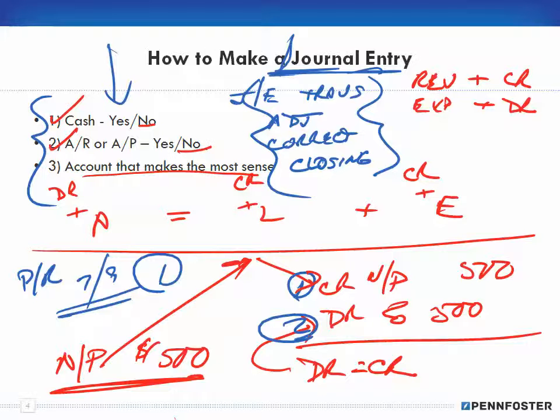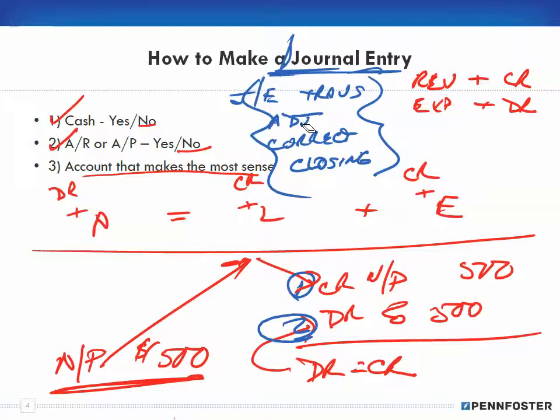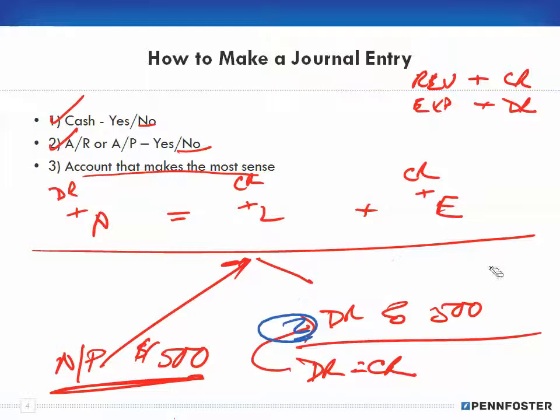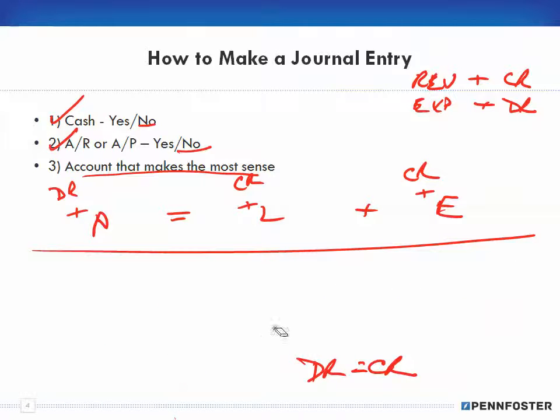The reason why I went into this little spiel about the different kinds of journal entries is that in your normal transactions during the course of the business, the vast majority of your transactions, you'll deal with number 1 and number 2. And you might have some of these for number 3.